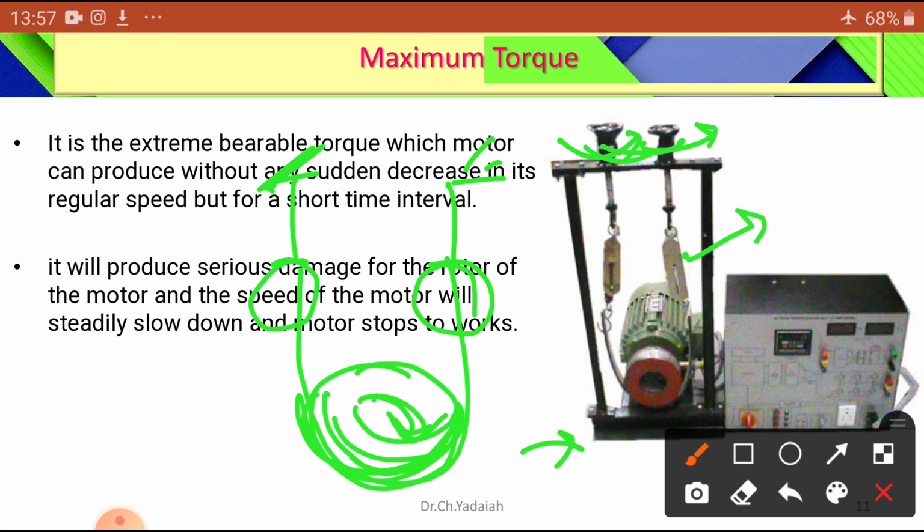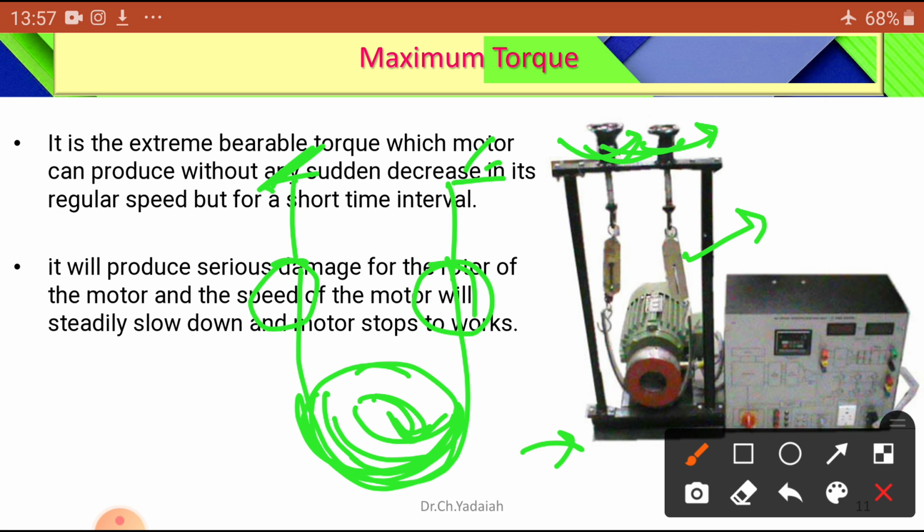It will cause serious damage to the rotor of the motor, and the speed of the motor will steadily slow down and the motor stops its work. Sometimes twisting also takes place. When the load suddenly increases, the motor is unable to rotate the load. The torque developed at that time is the maximum torque.